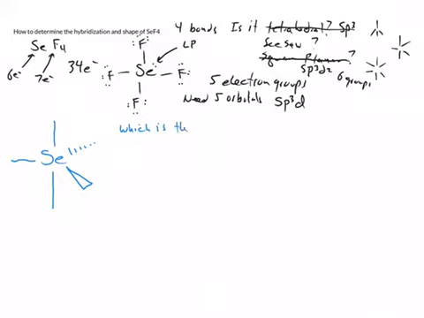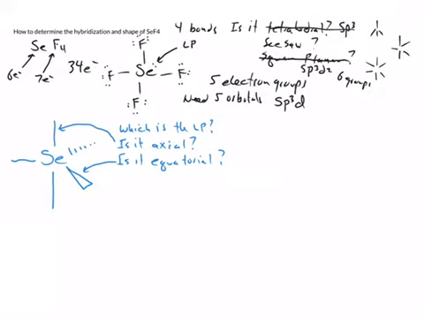Which is the lone pair? Is it axial? Okay, so here's an axial. Is that where the lone pair is? Or is it equatorial? Is that where the lone pair is? One of the equatorial. Okay? So that's the question.